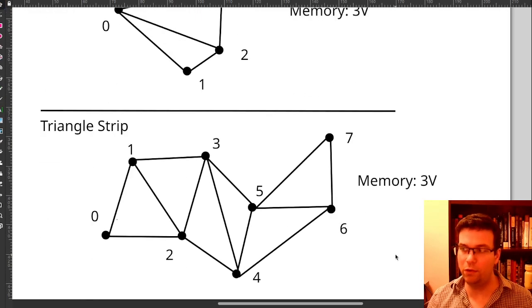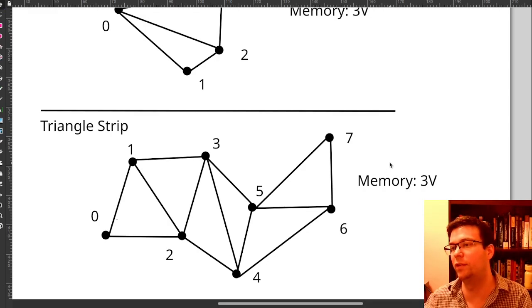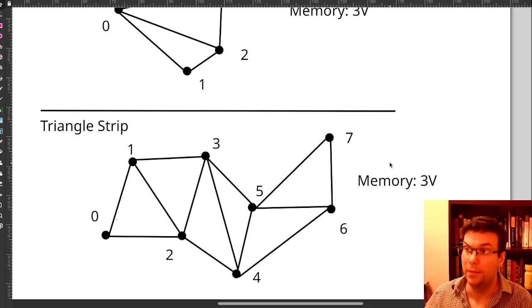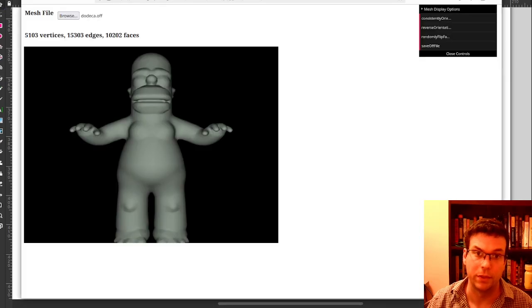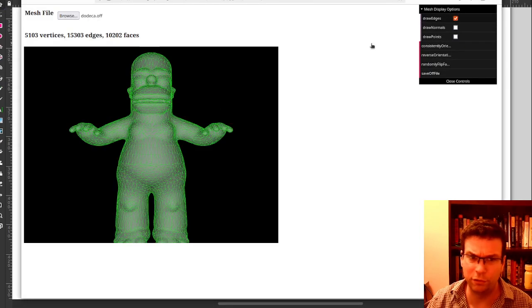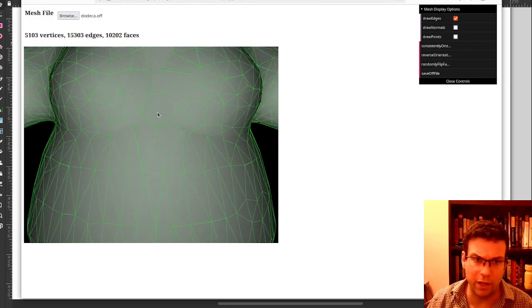When memory used to be more precious than it is now, some of the early techniques for lossless compression of meshes would try to find regions of the mesh that look like triangle fans and regions that look like triangle strips and encode them separately. If I went back to Homer, I can certainly find some triangle fans here.